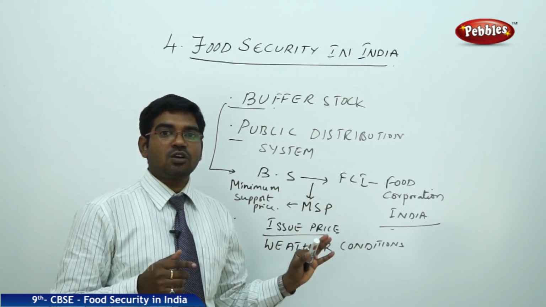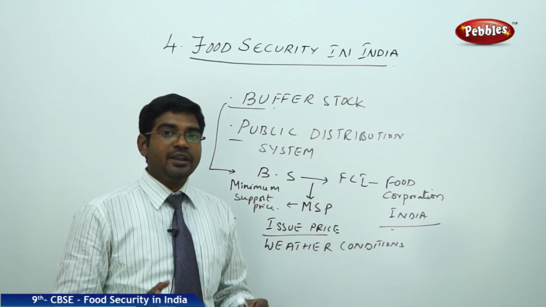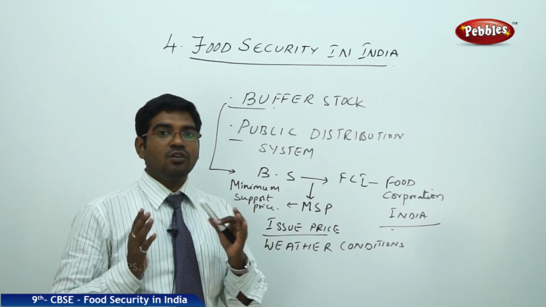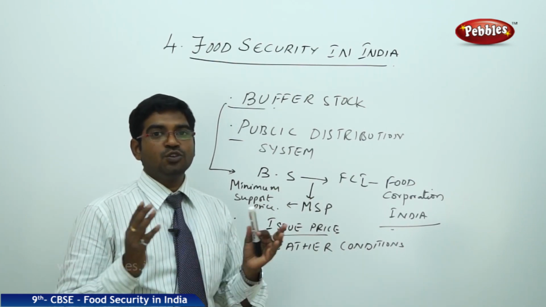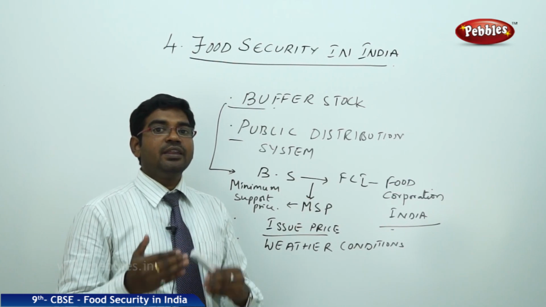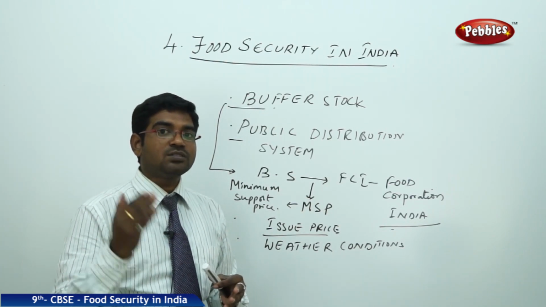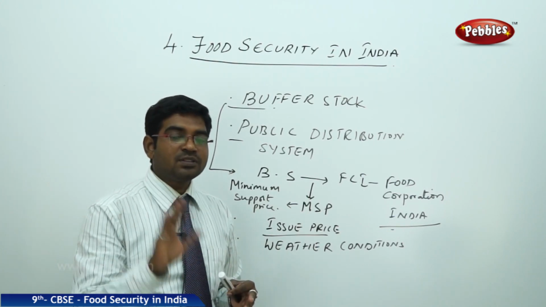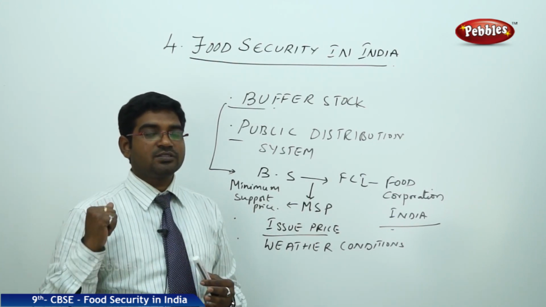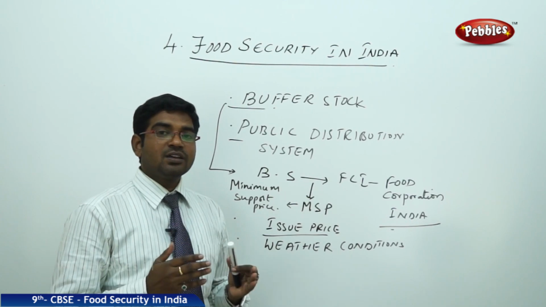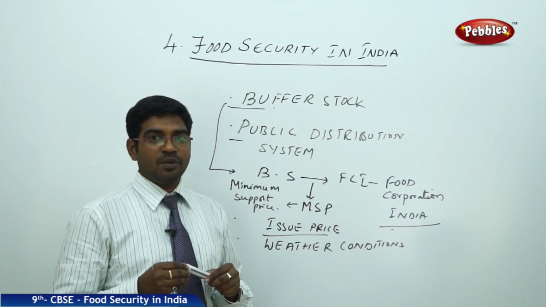So through buffer stock, the Government of India maintains wheat and rice in huge amounts to meet any natural calamity or adverse weather effects, and preserves it for future needs, because here we are ensuring two things for the people.